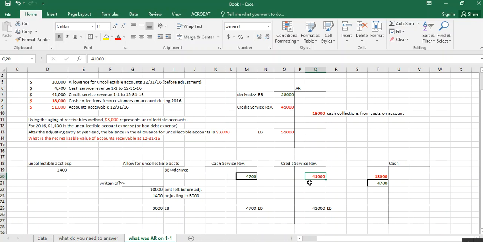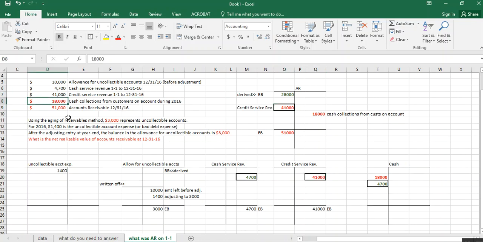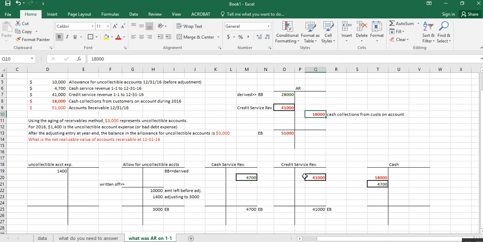You notice that when we experience credit service revenue, our accounts receivable go up. Then cash collections from customers on accounts receivable. Our accounts receivable drop because we're collecting on accounts receivable, and you notice we're collecting cash, $18,000. $51,000 is the balance at the end of the period here in accounts receivable.